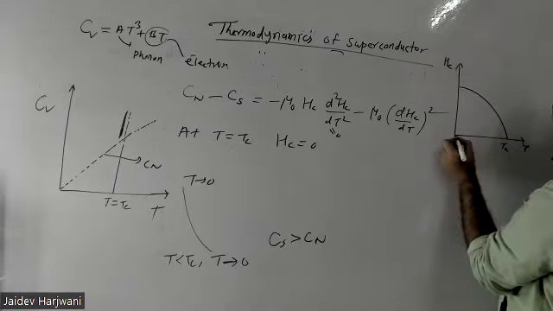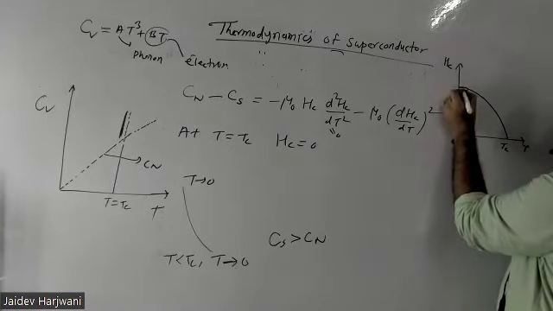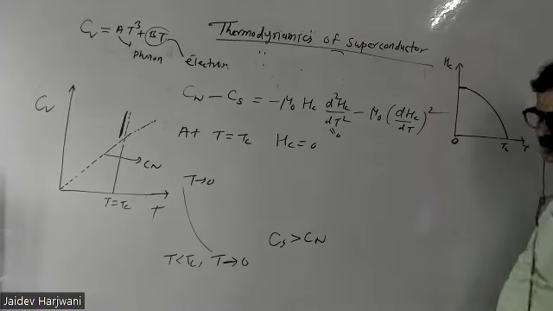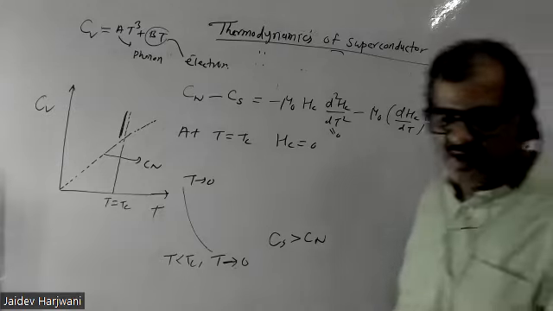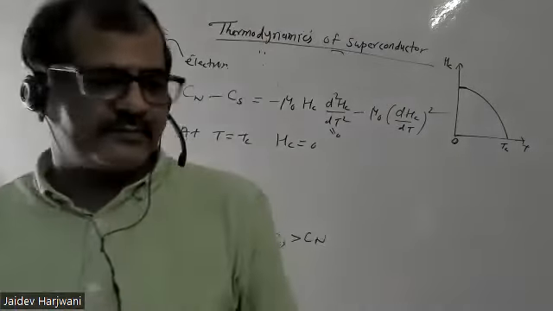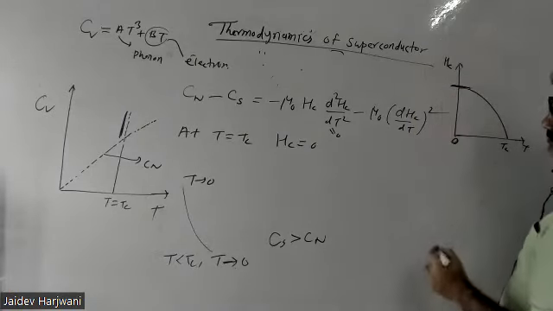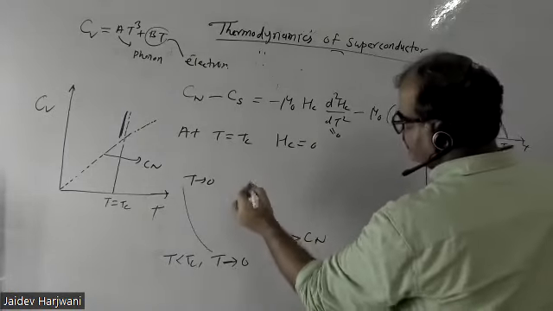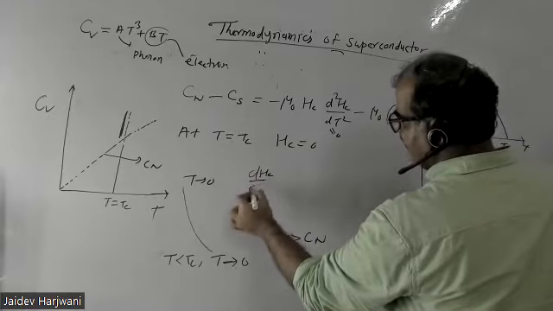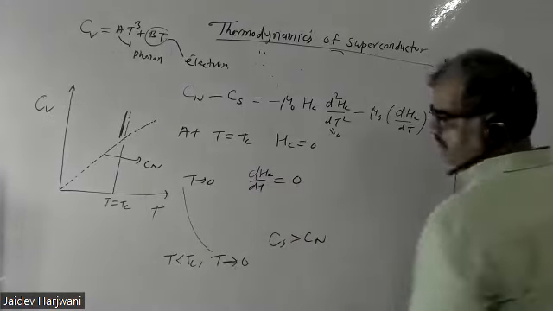If you see close to T tends to 0, this curve is parallel. So what is the slope of this graph? Zero. So the slope of the graph is 0 at T equal to 0. You can write that at T tends to 0, dSc/dT is equal to 0.